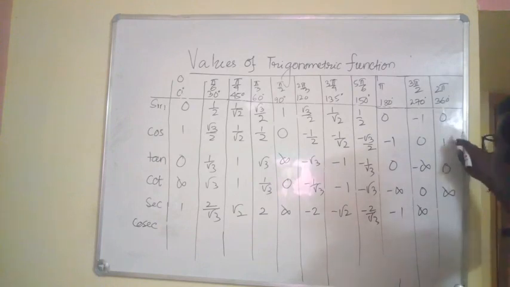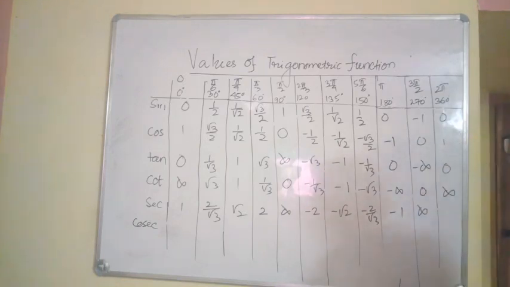Sec theta is equal to 1 by cos theta, this is 1, this is 1.